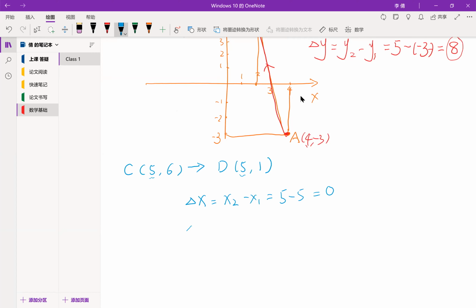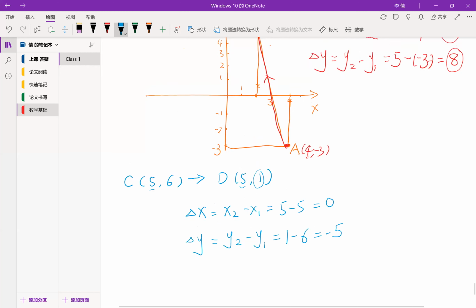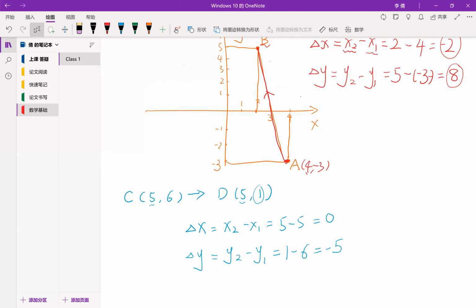And the y increment is delta y, equal to y2 minus y1, and this is the ending point, so we use 1 minus 6, which is equal to -5, right? So these are the increments in x and in y.